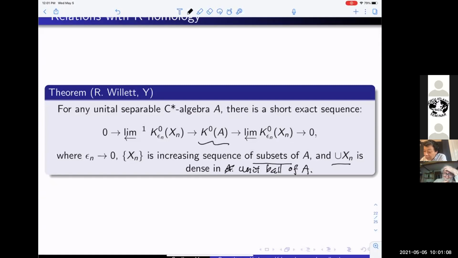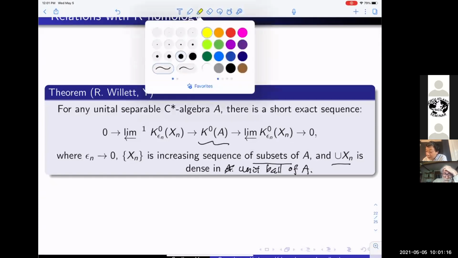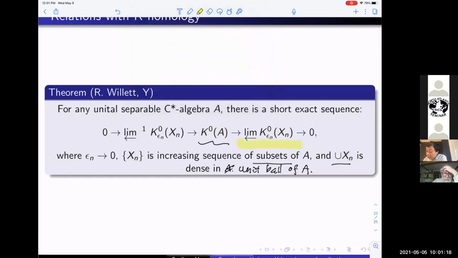Now, if you just want to know how things are paired with K-theory, then this term is good enough. But there are some kind of ghost elements in the lim^1. So that's how this quantitative K-homology is related to the usual K-homology.